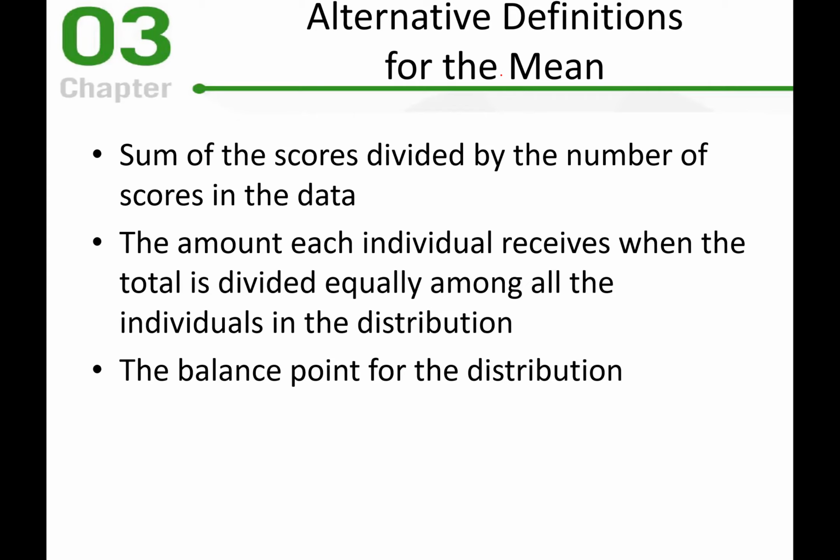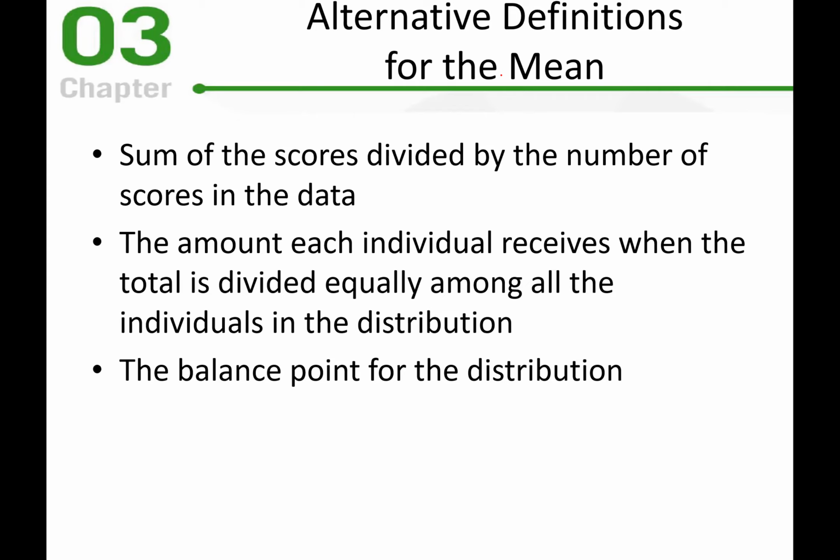We can look at the mean as the sum of the scores divided by the number of scores in the data. That's how we normally look at it. Or we can look at it as the amount each individual is going to receive when the total is divided equally among all the individuals in the distribution. That's a key one.